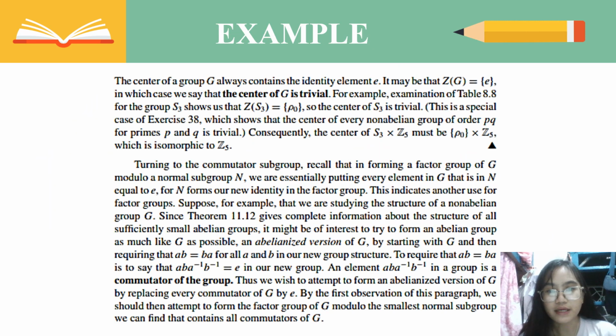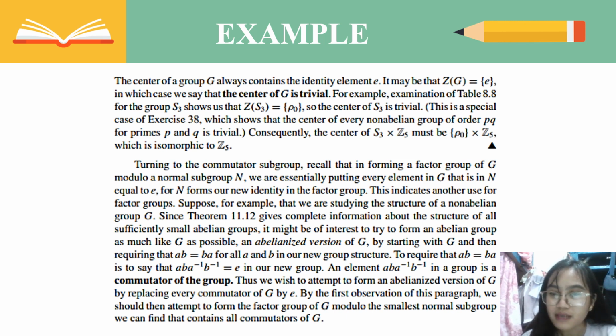So we have here an example. The center of a group G always contains the identity element E. It may be that Z of G is equal to E, in which case we say that the center of G is trivial. For example, examination of table 8.8 for the group S sub 3 shows that Z of S sub 3 is equal to P sub 0.